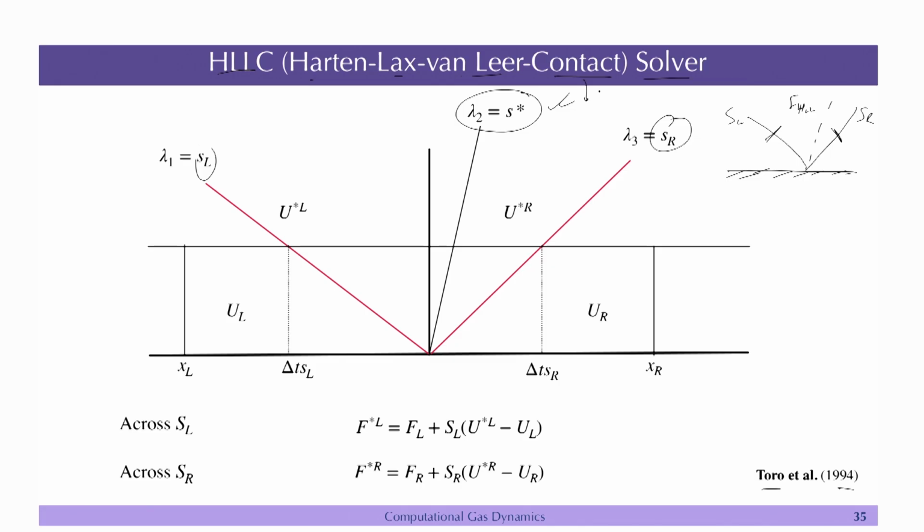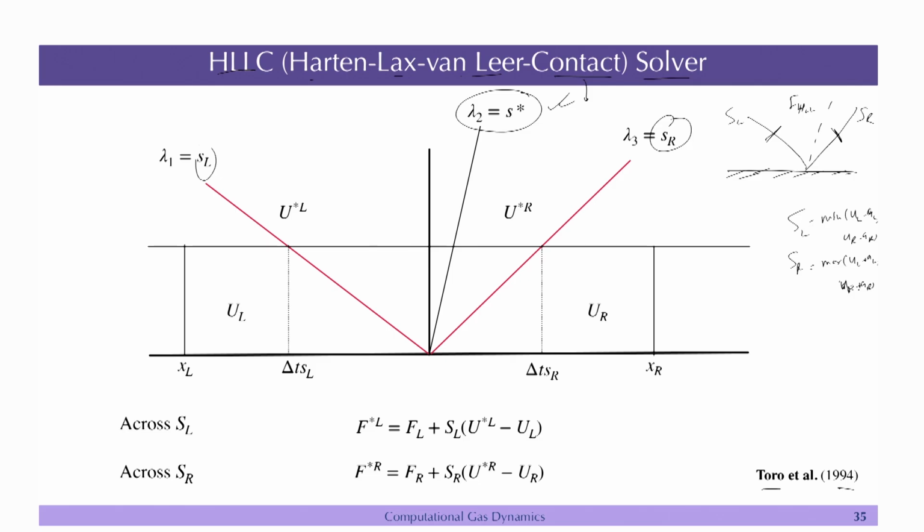Like we discussed last time, SL is the minimum of uL minus aL and uR minus aR, and similarly SR is the max of uL plus aL and uR plus aR.